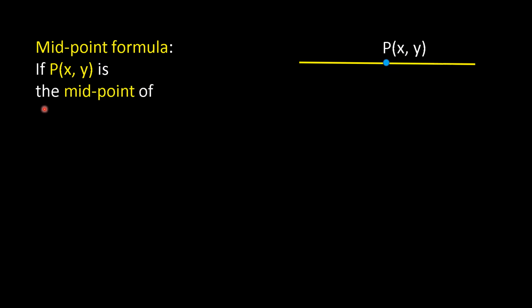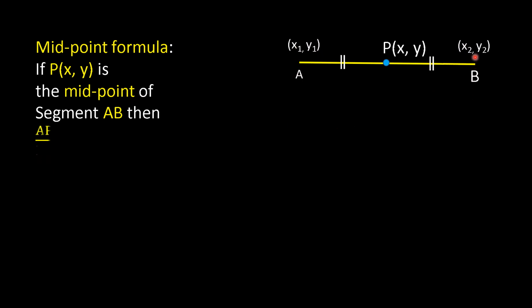We will understand the midpoint formula. If P(x, y) is the midpoint of segment AB, then AP upon PB will be 1 upon 1, that is 1:1.